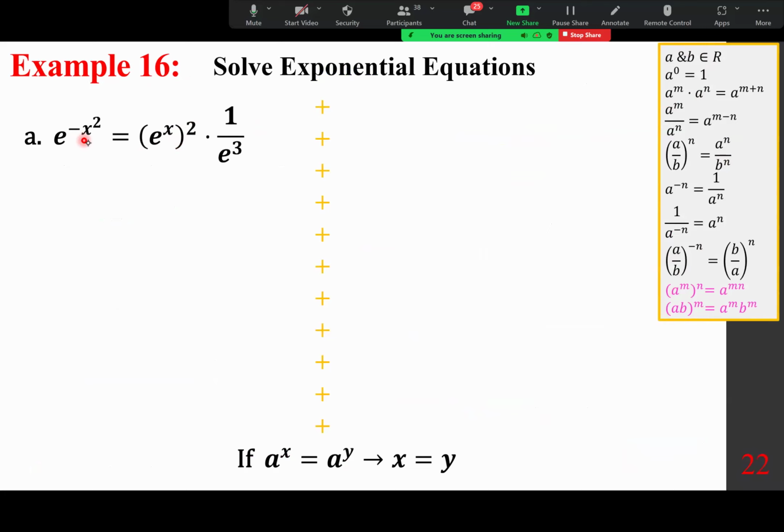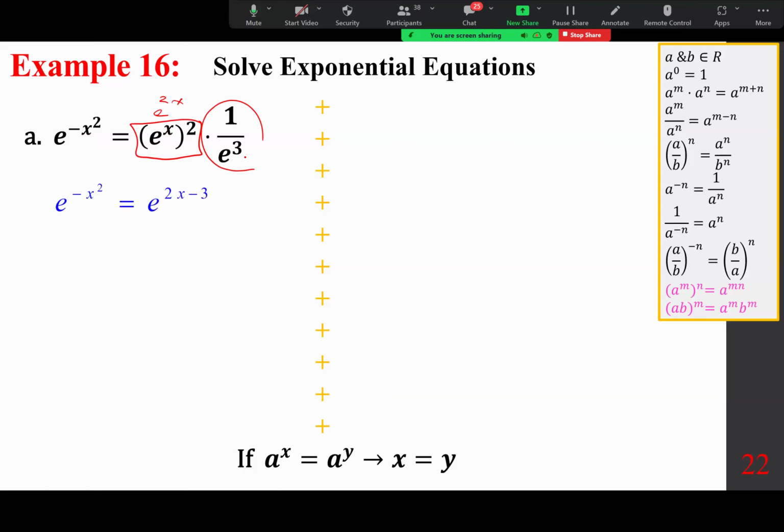The right side, we can do the same thing, and we can set them equal. This one is e to the power of 2x, right? E to the power of 2x times this one, that means e to the power of 2x minus 3.